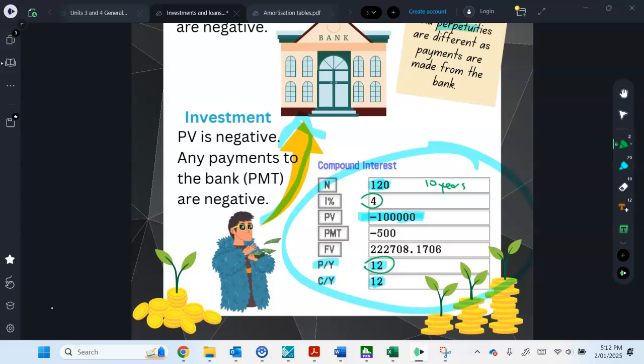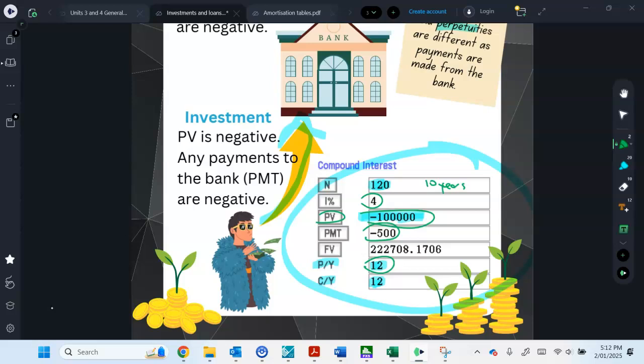Your interest rate is 4%. What you put into your calculator is always the annual percentage rate, so you don't need to divide that by 12. The good thing about your calculator is it will calculate the monthly interest rate for you. PV: he is putting his $100,000 into the bank, so it needs to be negative, and he's making repayments of $500 per month, so that's negative 500.